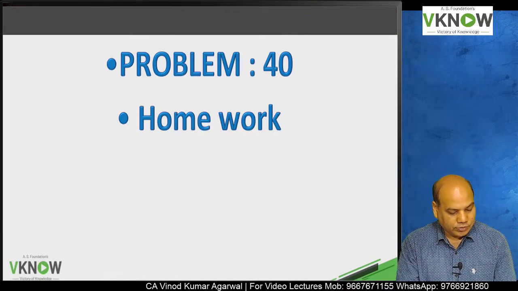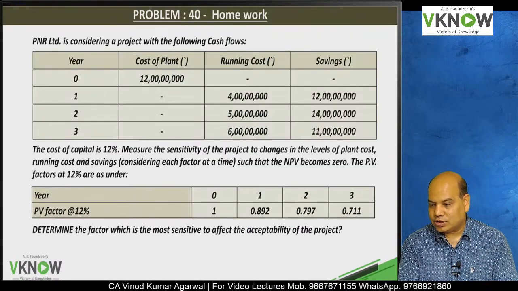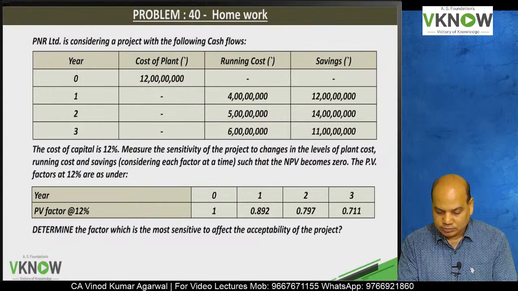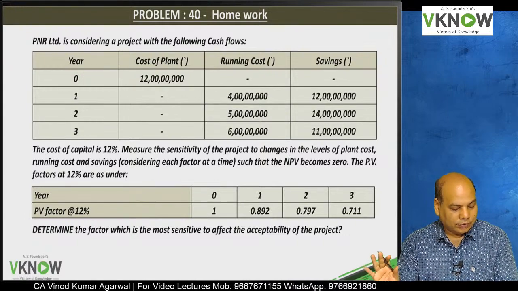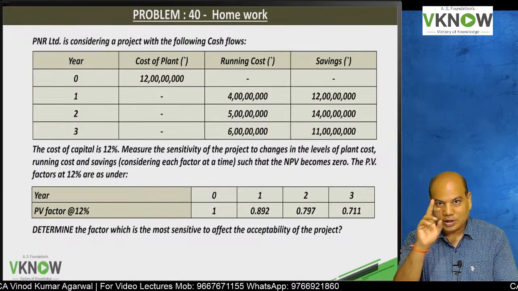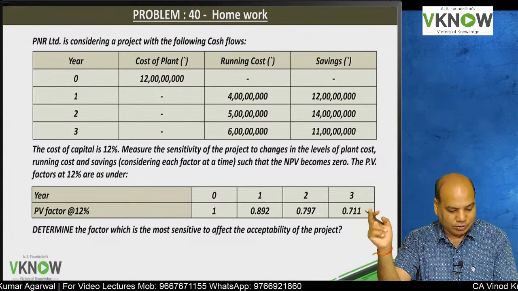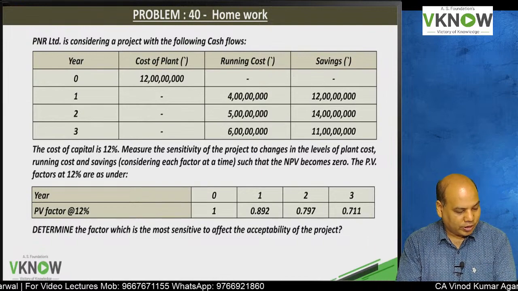Only the institute has changed the numbers. That is the creativity of your dear institute. Just see question number 40 and tell me if you can do it. Keep about 4 pages blank to do the homework. Write in the notebook question number 39, homework, question number 40, homework. I will do it. I want to do it. I can do it.